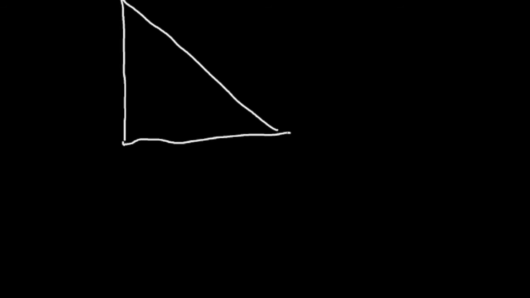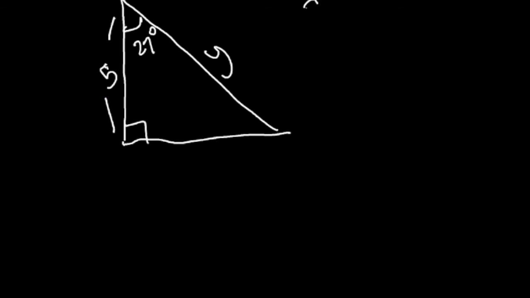Let's try another example. If we have another right triangle, and we know this angle this time, and we're looking for, say, the hypotenuse, and the side length right here we know is 5. What trigonometric ratio would we use?